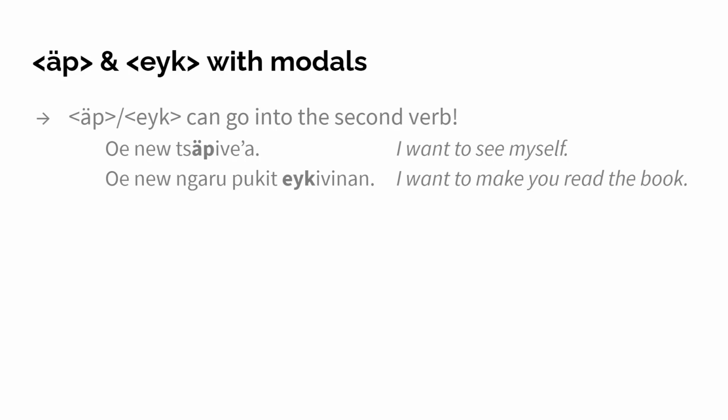Here are 2 examples. Oe neo tpva, I want to see myself. Or oe neo ngaru bukit eikivinan, I want to make you to read the book. Note that here the oe doesn't have a l ending because of the modal verb construction.